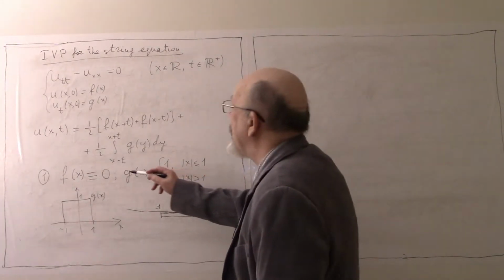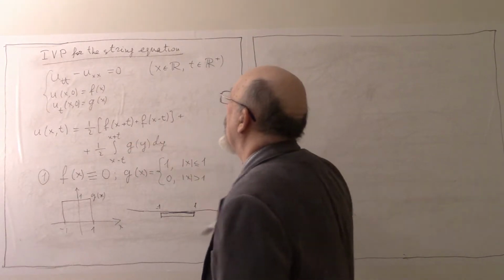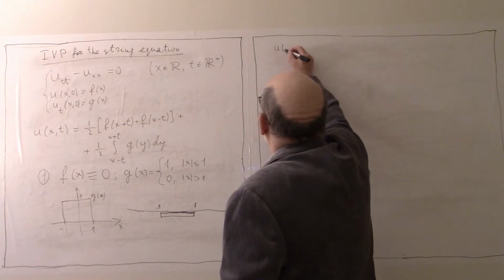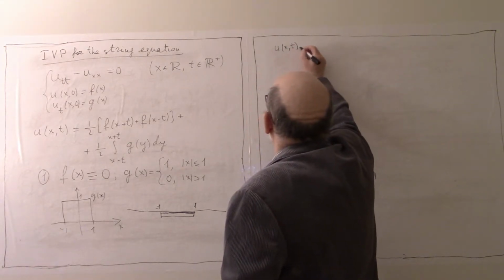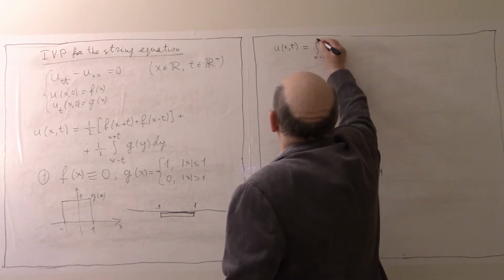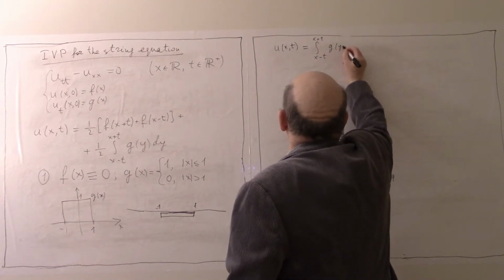So in this case, only the second term remains. The first term is 0. So u(x,t) equals 1/2 integral from x minus t to x plus t of g(y) dy.